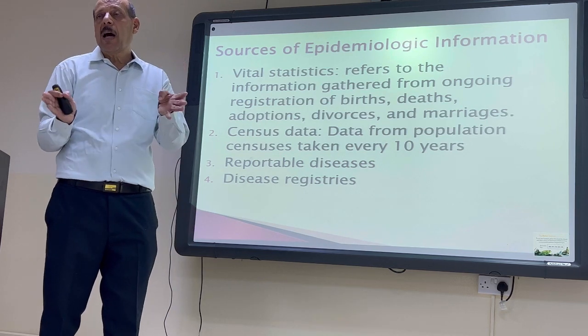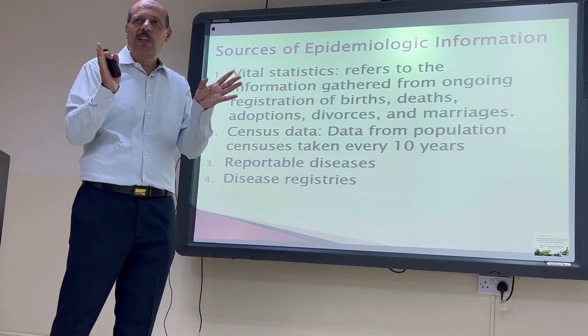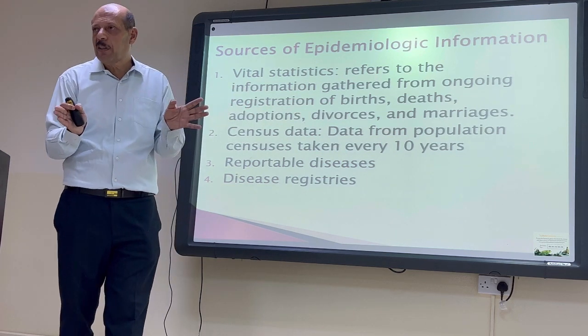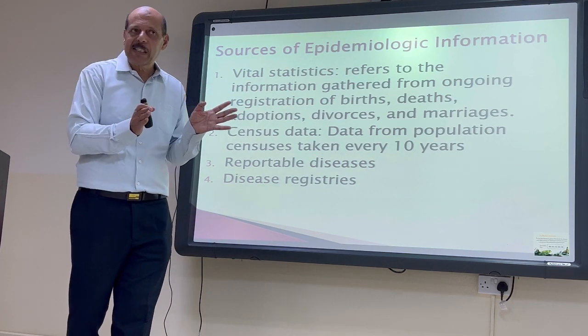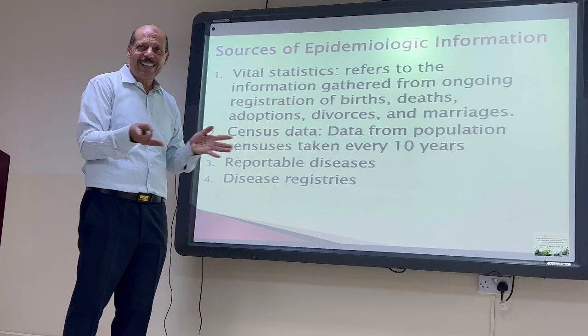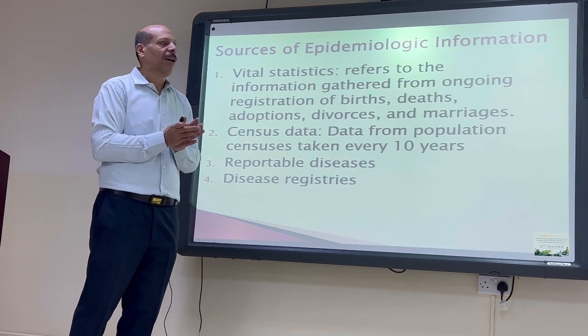Now in each government, in each country, there is a national recording system for all of these cases. And from that, we can see the rate for each of them.